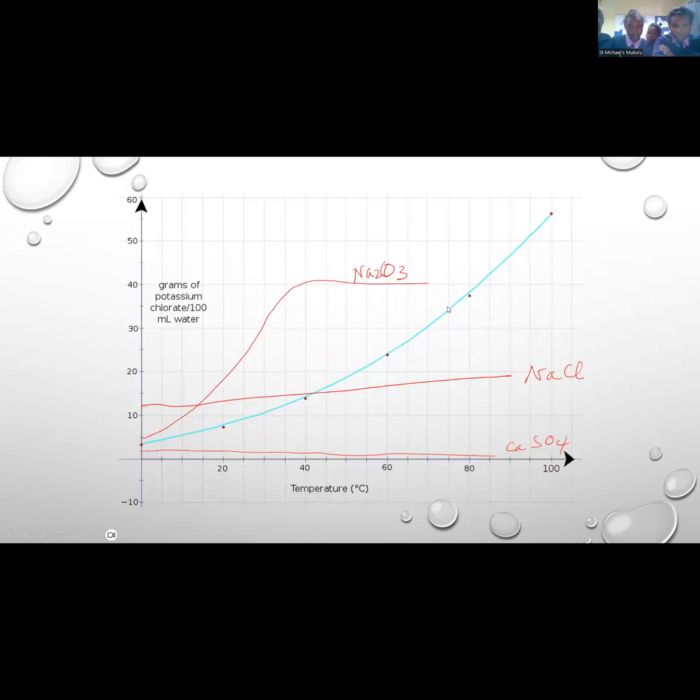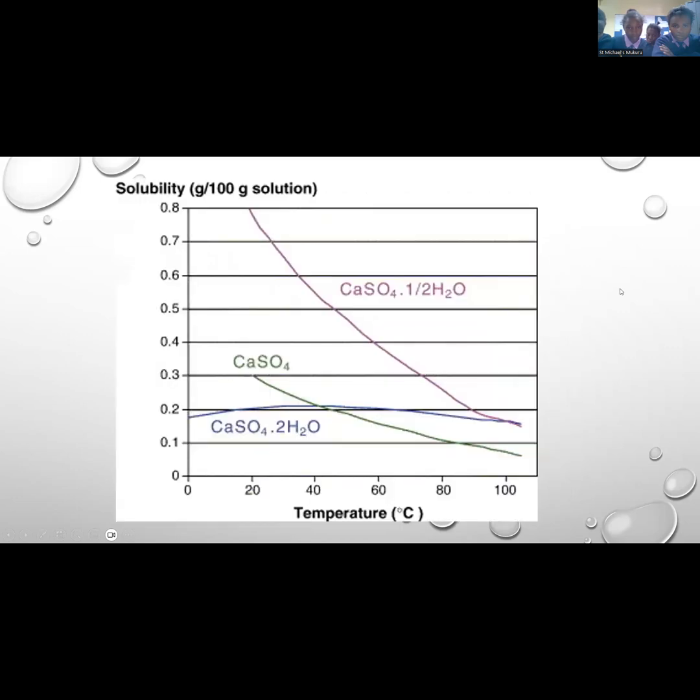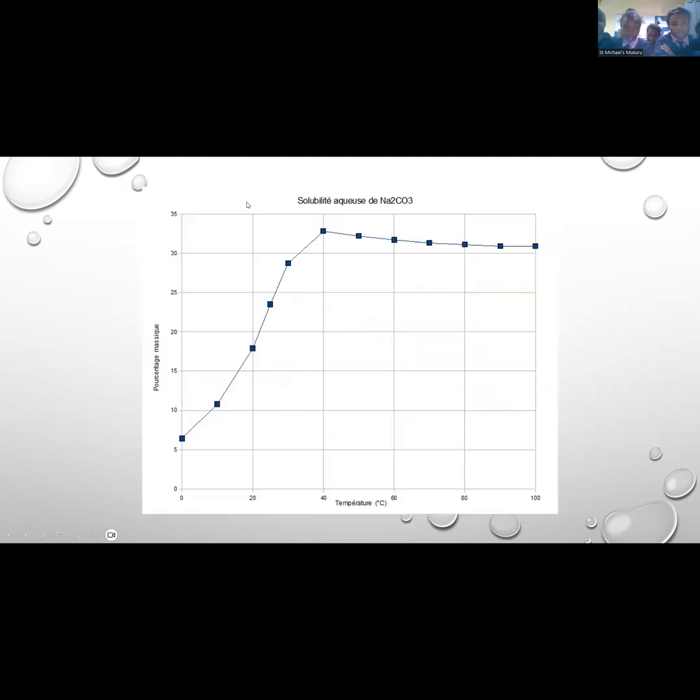Sorry, the blue line there is the potassium chlorate. Calcium sulfate: look at these numbers here, 0.8, less than 1 gram in every 100 grams of solution. And sodium carbonate starts at about 5, goes up to about 35 at 40, and then drops a little bit. Not a lot, but a little bit.